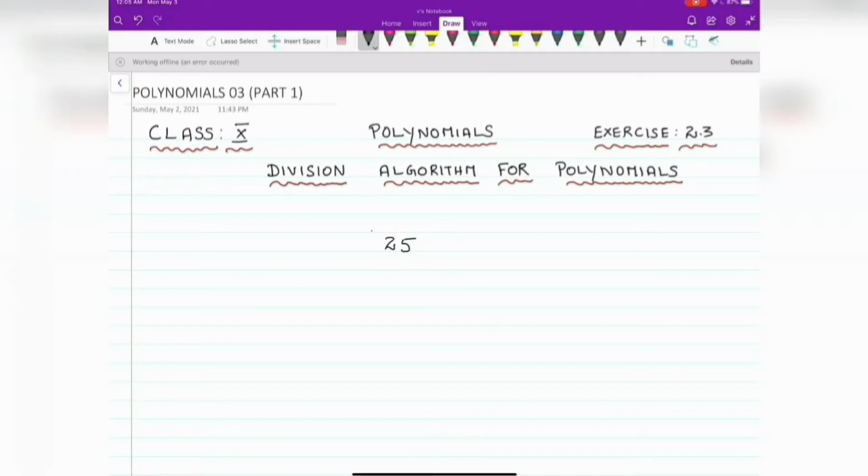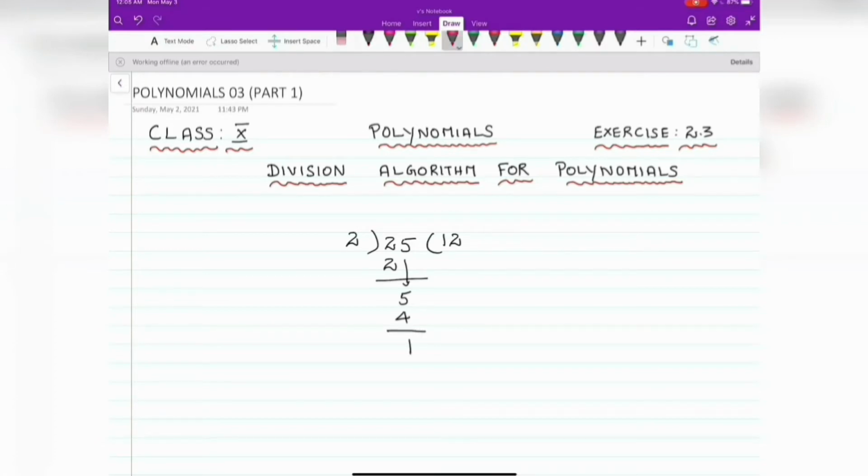25 divided by 2. Very simple division. You know that 1 2's are 2. Bring down this 5. 2 2's are 4. The remainder is 1.